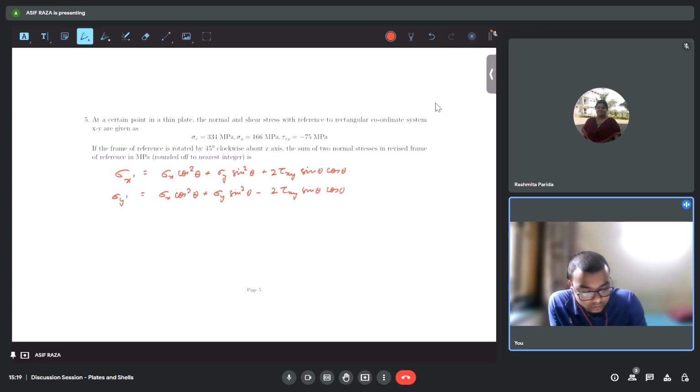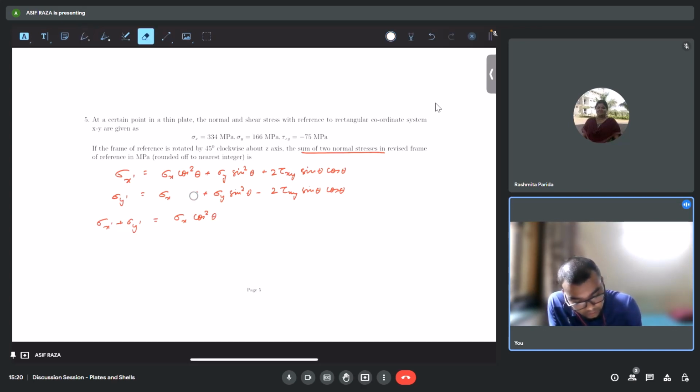We just need to find the sum of two normal stresses, that means sigma x dash plus sigma y dash, which will give me sigma x cos square theta plus sin square theta, okay, I made a mistake here.